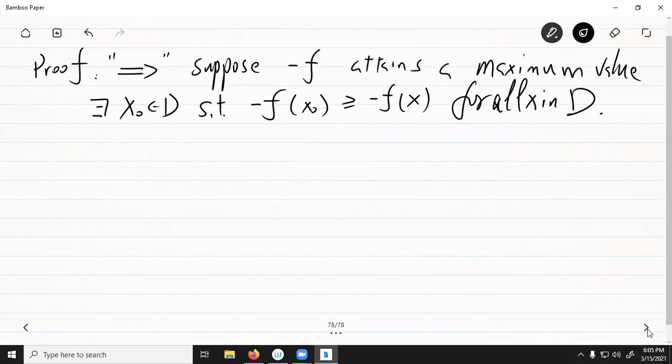Okay. So in other words, from this inequality, we multiply -1 on both sides.